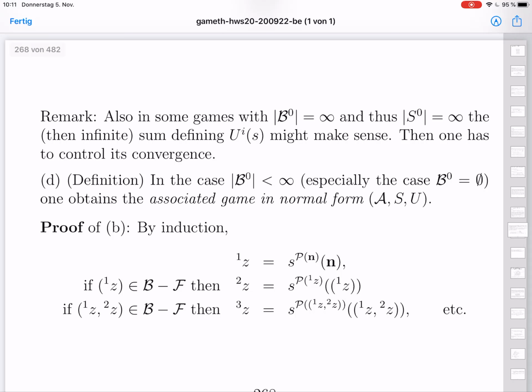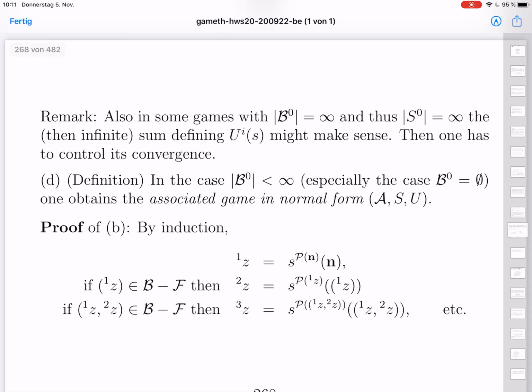So first I now generalize definition 5.9 on strategies for extensive games. So now gamma is again such a 7-tuple, an extensive game with or without chance moves and without perfect information. What I called strategy before is now called pure strategy, because we will also consider mixed strategies and behavior strategies.